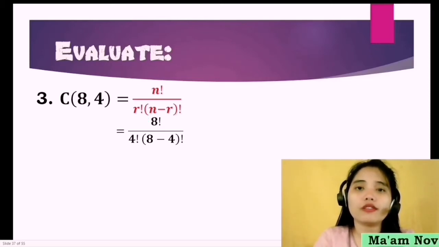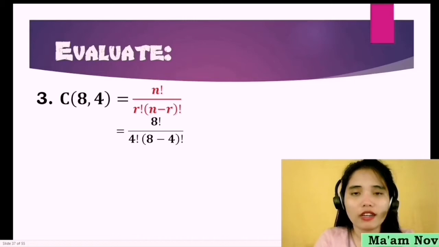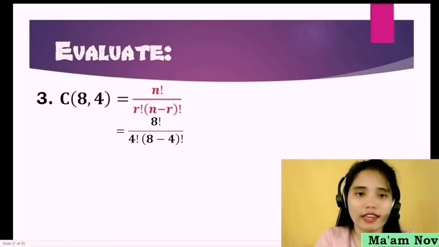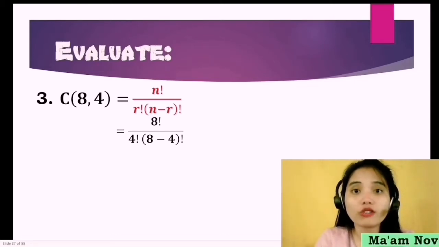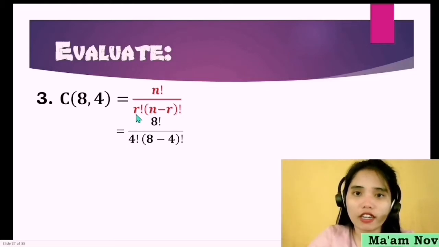Class, always start with the formula because the formula is your guide on how to answer it or how to solve it. Okay? So, we have here 8 factorial over 4 factorial. Saan galing si 4? Diyan siya galing kay R because R is equal to 4.